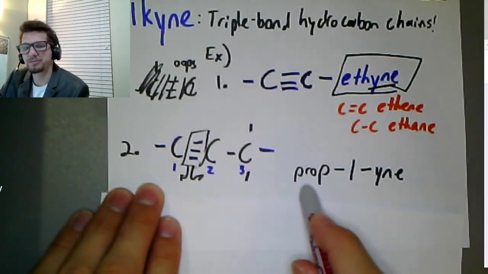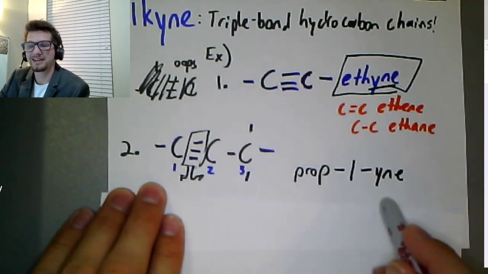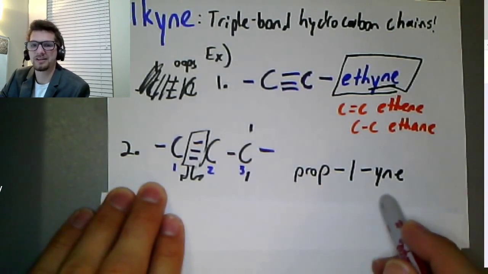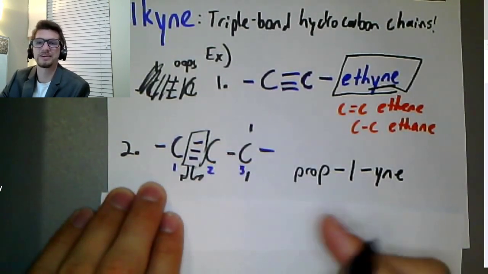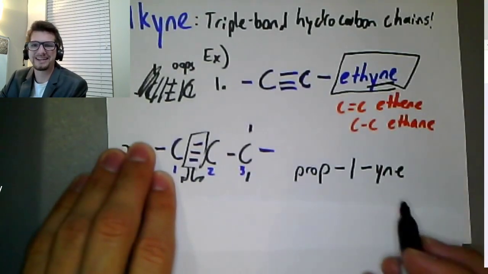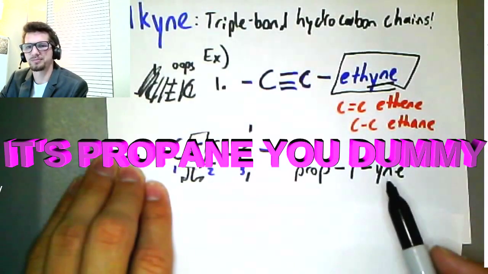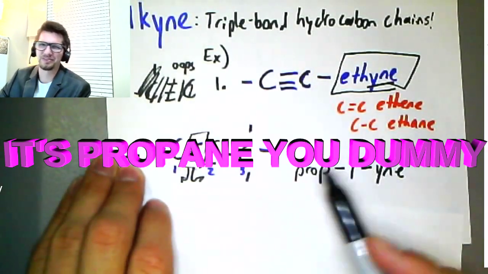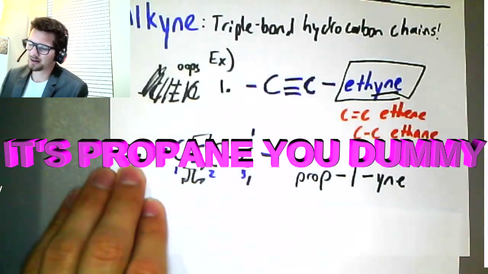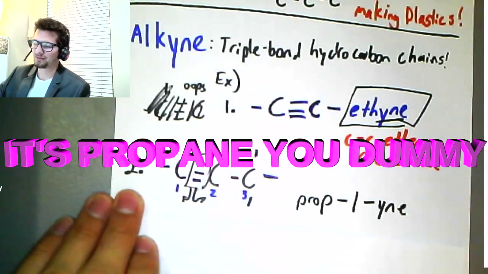Prop tells me how many carbons I have. 1 tells me where the triple bond is. And yne tells me that this has a triple bond and not a double bond. Because if this was a double bond, it would be prop-1-ene. And if this was a single bond, it would be prop-1-ane. We wouldn't really say it like that. That's not true. Ignore that one. But the ene and the yne would both apply here.